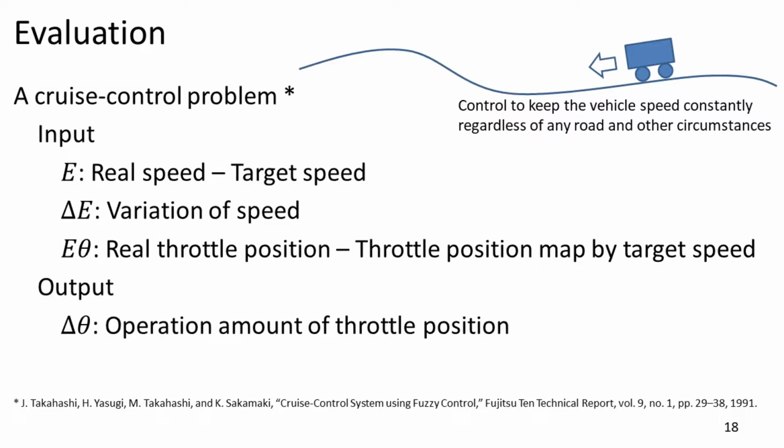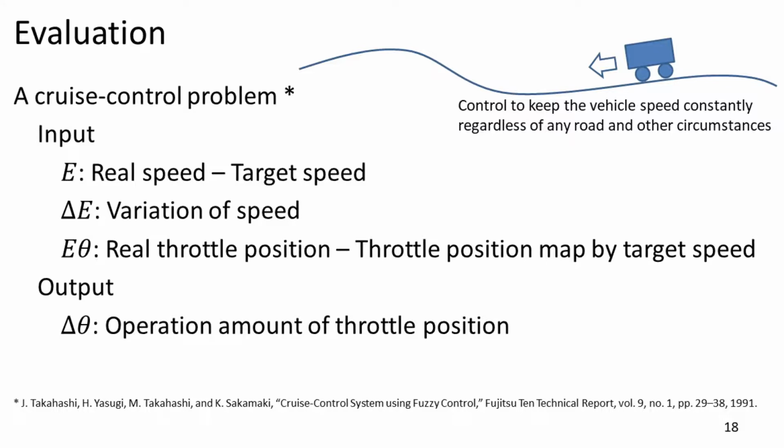A cruise control problem used in this evaluation is shown in this slide. This problem is to control the vehicle to keep its speed constantly, regardless of any road and other circumstances.